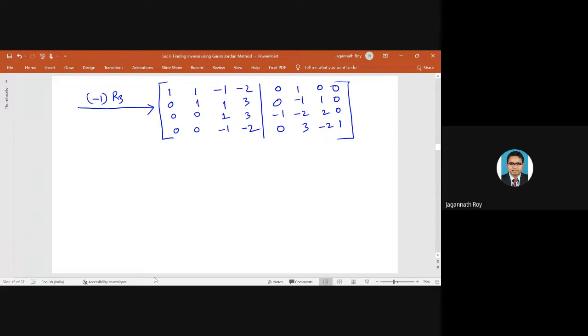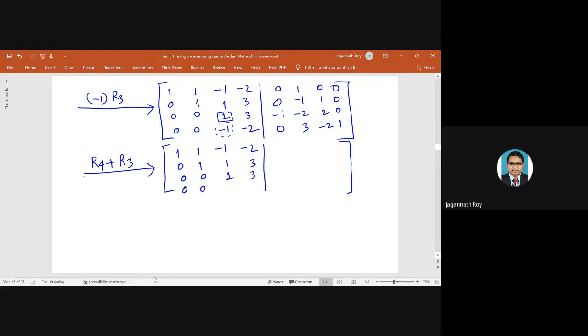Next task is to make this one 0. So this is our pivot element now. We want 0 here. So let us do that: R4 plus R3. This will give us the desired 0 in that place. So 1, 1, minus 1, minus 2, 0, 1, 1, 3, 0, 0, 1, 3, 0, 0, 0.